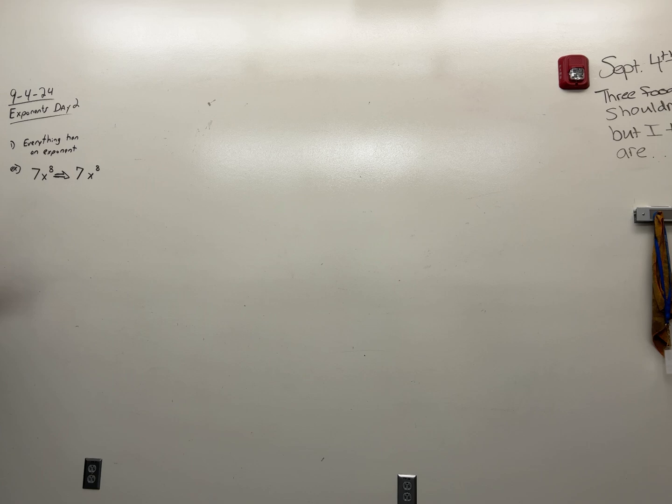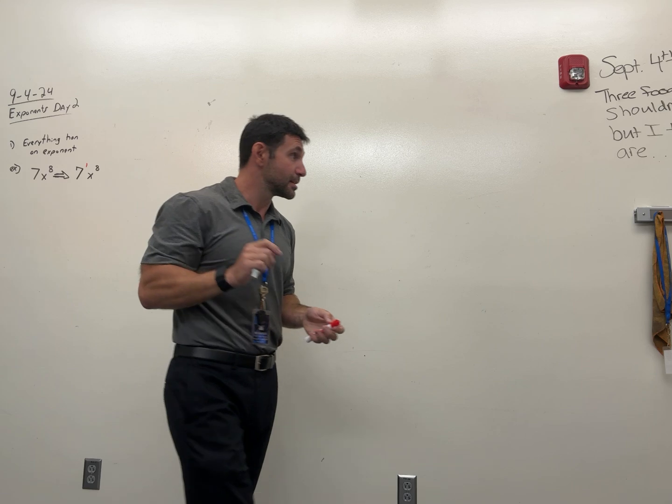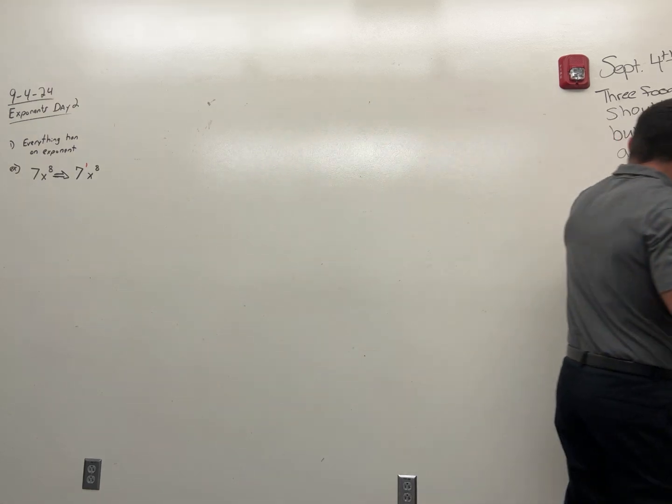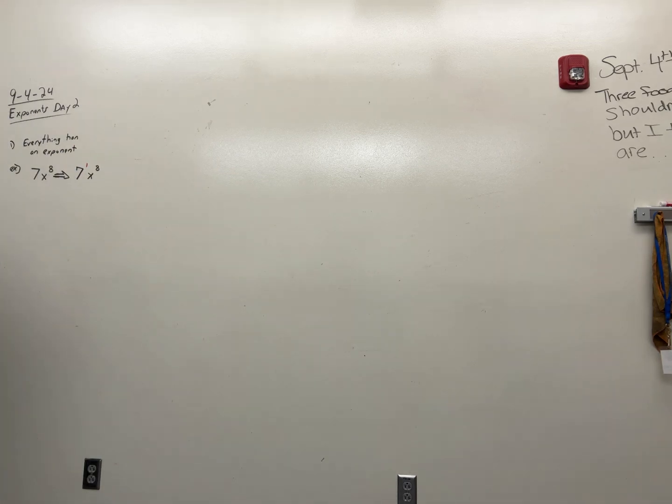Oh, it's always 1. You need to understand that if you see 7x to the 8th, that's really 7 to the 1st, x to the 8th. So if you do not see a power, that power is 1. Listen again, if you do not see a power, the power is 1. And you're like, Mr. Rich, we haven't gone over the homework. I know.